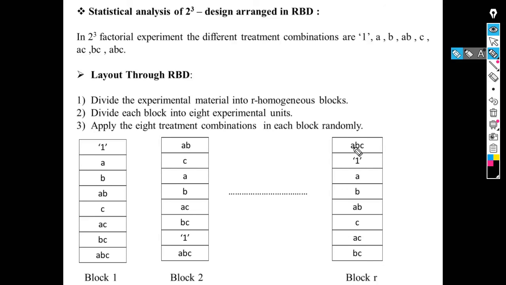We get a block like this: ABC, 1, A, B, AB, C, AC and BC. So this is about the layout of RBD when we consider a 2^3 design arranged in a randomized block design. In the next lecture we will discuss the statistical analysis of this design, where we find the ANOVA table and draw conclusions for our hypothesis.